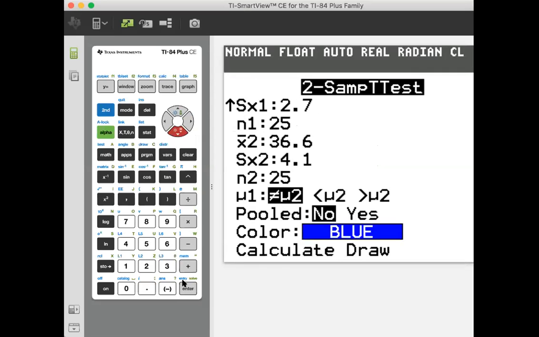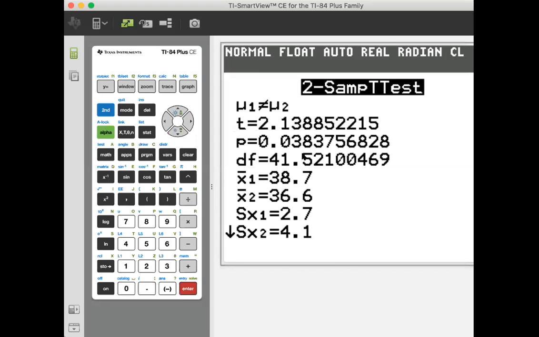And we hit enter. And now 2.139 is the correct test statistic, and 0.0384 is the correct p-value. Okay, so that's how we run the 2-SampTTest. We take the p-value then and compare it to alpha.